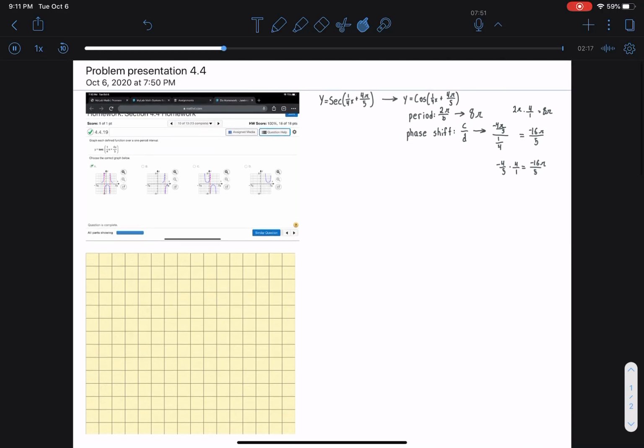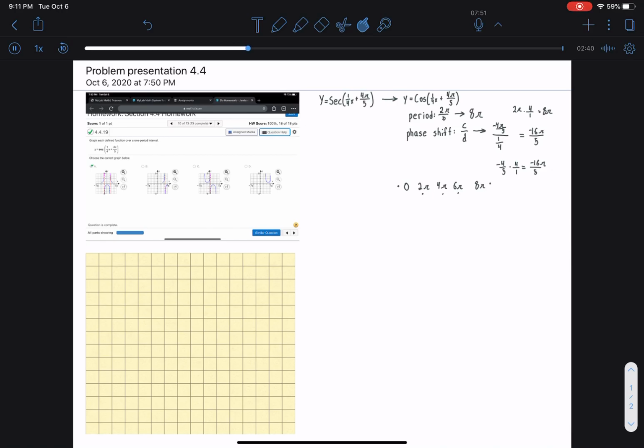Right, so now that we have this information for our period, we know that in our regular period, it's going to go 0, 2 pi, 4 pi, 6 pi, to 8 pi. Because this is our maximum here at 8 pi, and our minimum is 0 here. And we got our midpoint, and then our two other points here.